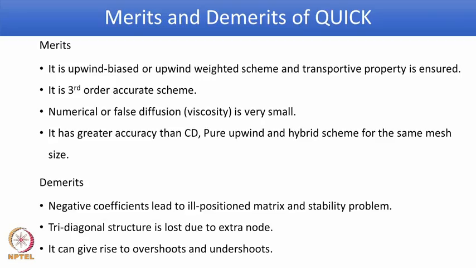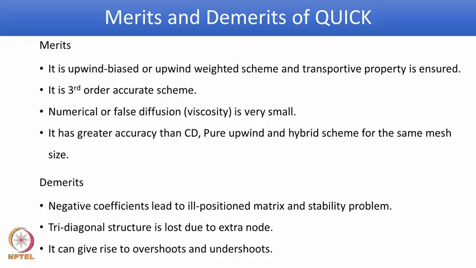Then there is a separate procedure available to invert that type of matrix. In this QUICK scheme, because we have considered one extra node, the tridiagonality of the structure is disturbed and you have to have a separate procedure to invert that matrix. One more demerit, it can sometimes give rise to overshoot or undershoot.